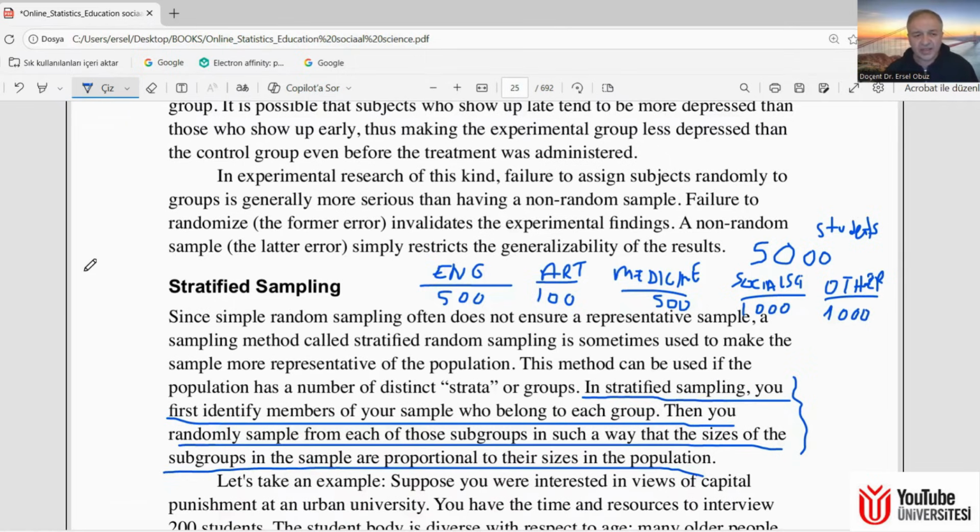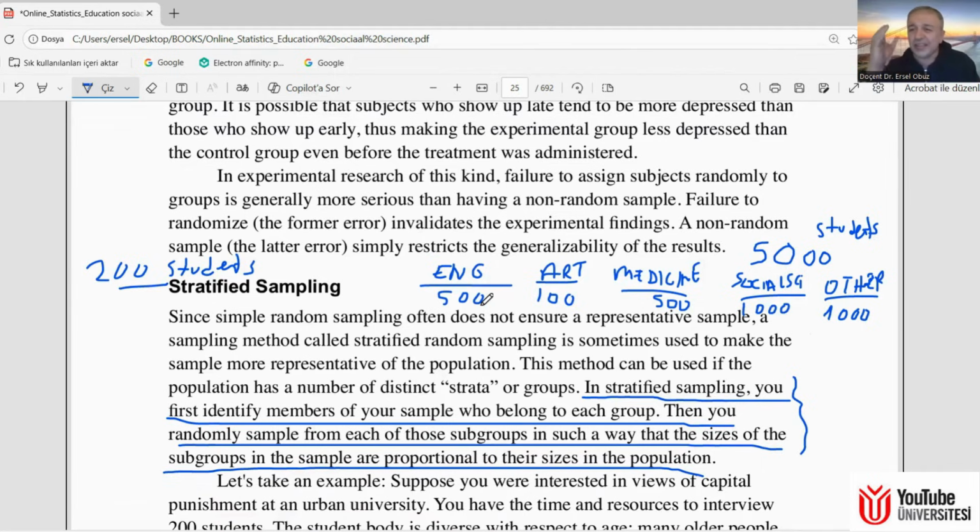Let's assume we will take 200 students for a given study. As you see, you have different numbers of students in each department.